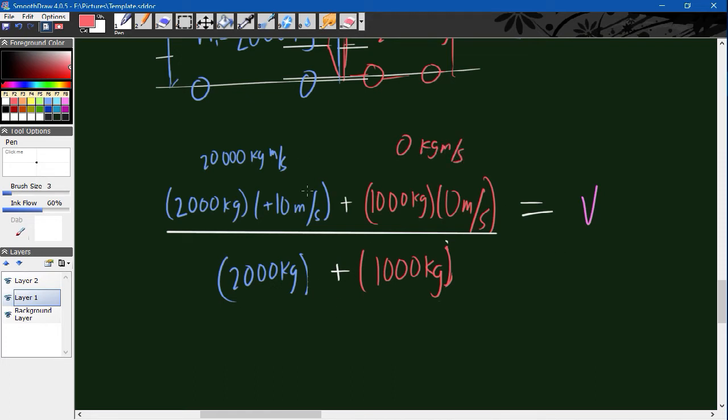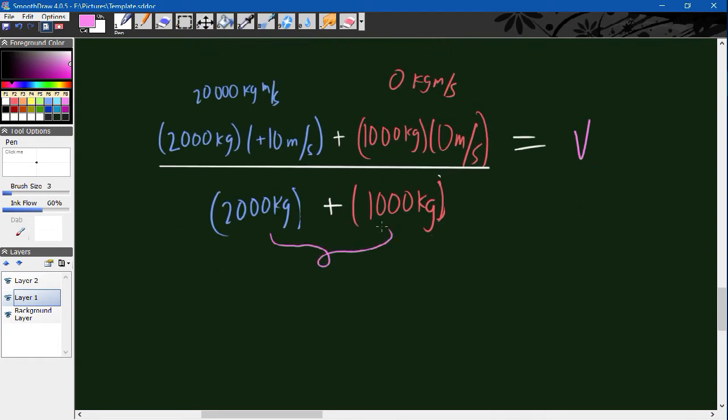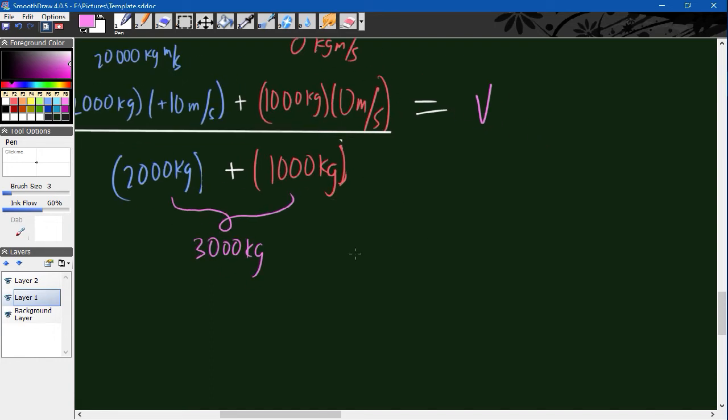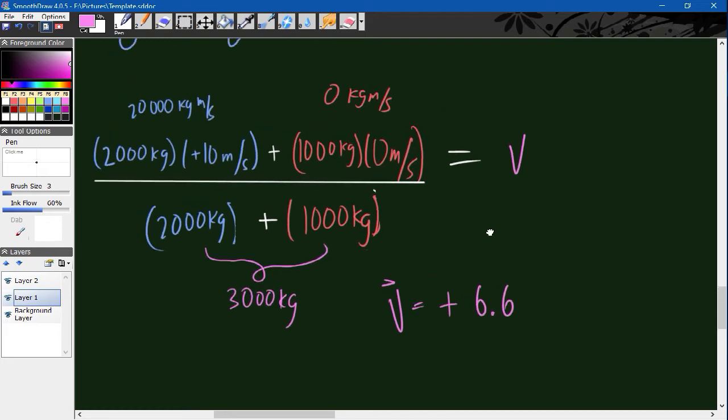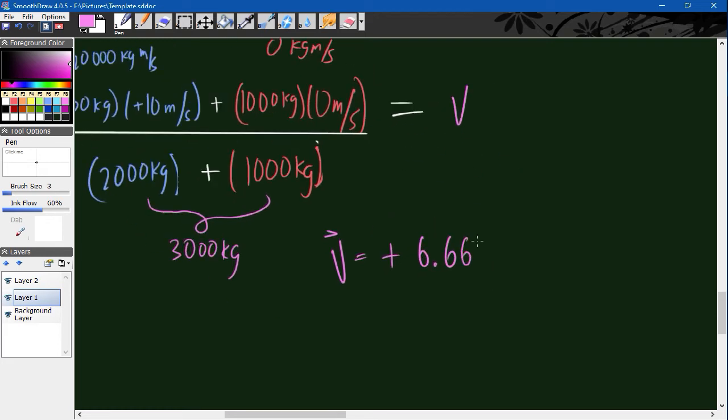These would be equal to 3,000 kilograms times v. If we jam this in a calculator, we would find out that v is equal to positive 6.67 meters per second. Yeah, so that's how we did it.